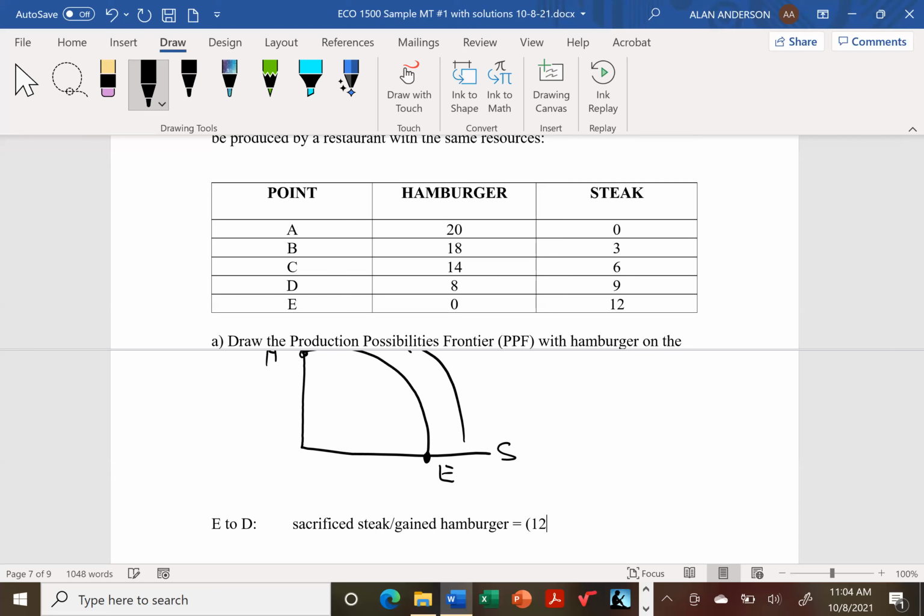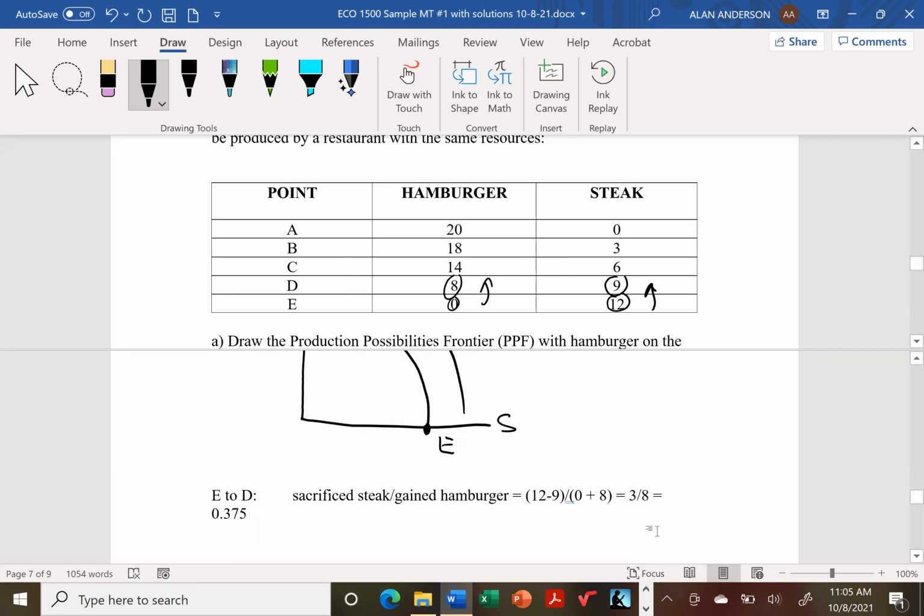In fact, you can write it as 12 minus 9 over 0 plus 8. In other words, to go from E to D, you're losing 3 steaks, but you're picking up 8 hamburgers. So this ratio is 3 over 8. If you prefer decimals, you can call it 0.375.